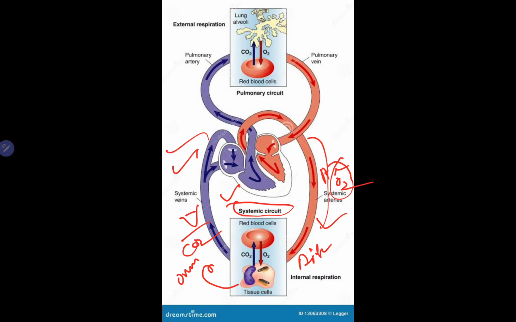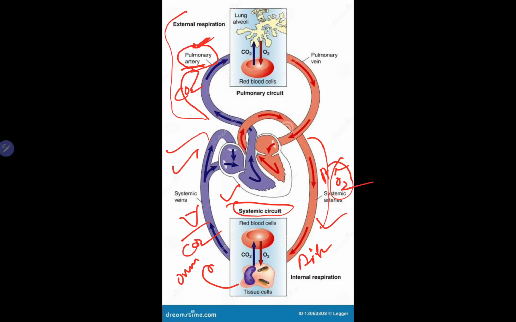This is all about the systemic circulation. Here is the pulmonary circulation, which involves the lungs. Deoxygenated blood goes to the lungs through the pulmonary artery. This is an exceptional case where an artery carries deoxygenated blood to the lungs.